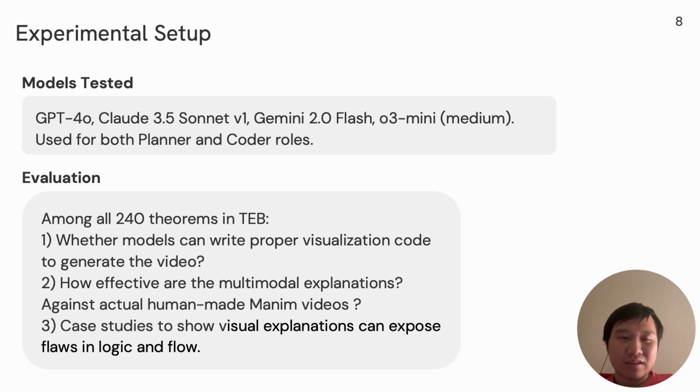If they can, how effective are those multimodal explanations against actual human-made Manim videos? We also perform case studies to show visual explanations can expose flaws in logic and flow, which are often hidden in text.